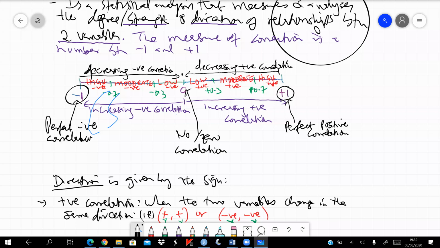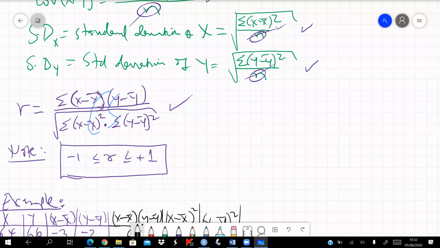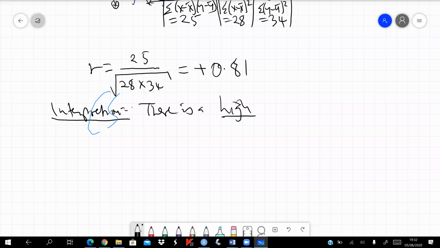This is 0.7, so that's a value which is somewhere here. So there is a high positive correlation between X and Y.